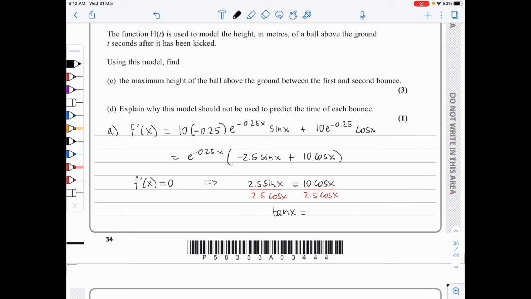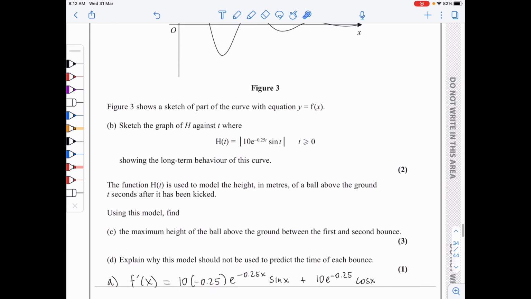If you just write the tan x, there is a chance that you will be penalized. So you need to show that it's the division of sine by cosine that's giving you tan here. And you completely ignore the e to the minus 0.25x because that can never give you a result of 0. So that was the first part.